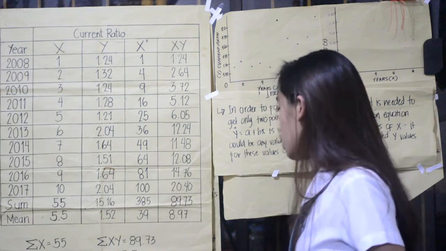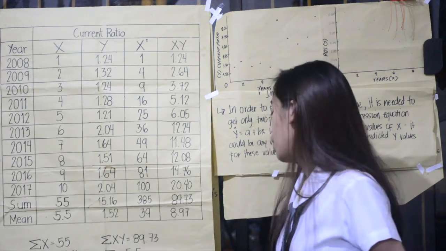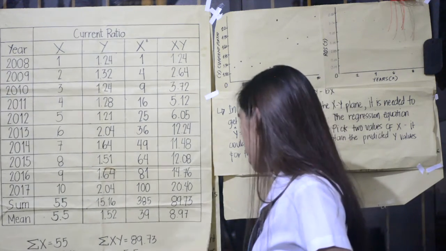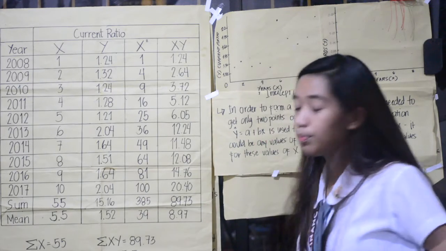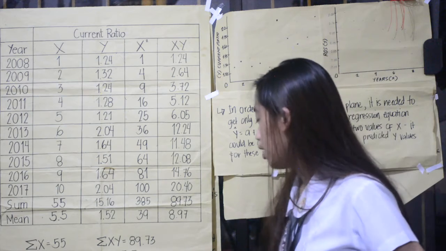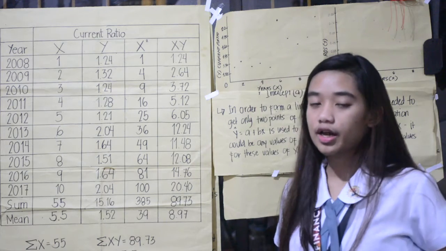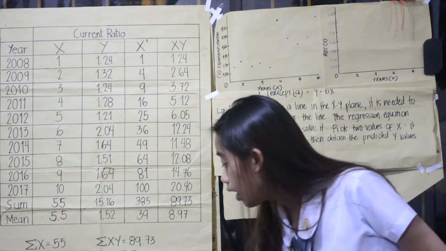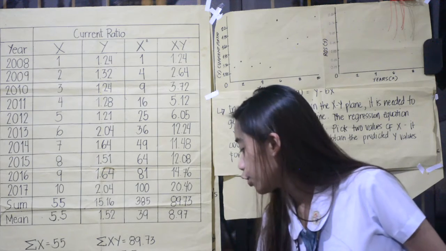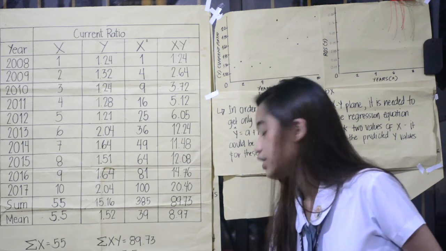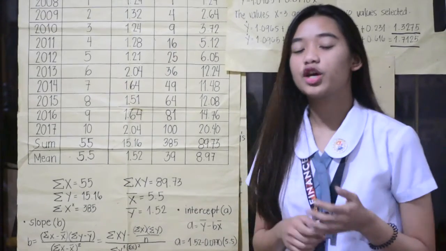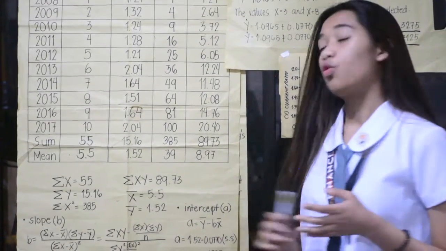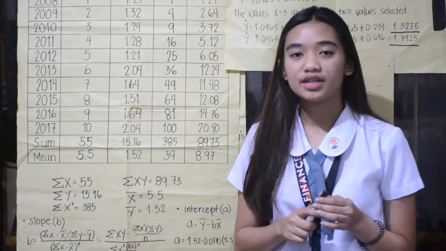In applying the formula for the intercept, we will substitute the slope that we obtained and we will get 1.0965. Thus, the linear regression equation will be y equals 1.0965 plus 0.07706x.